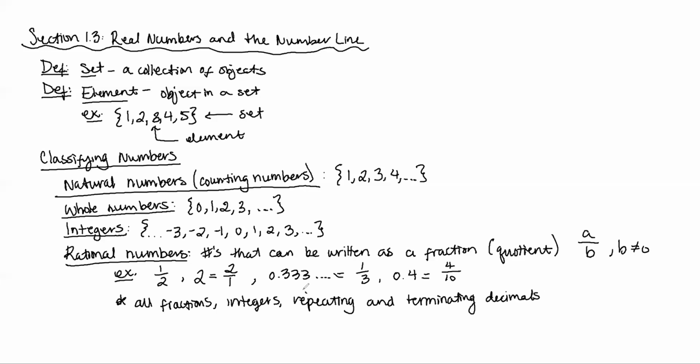So repeating, think this one here. Terminating, if it ends, we can also write it as a fraction. So the only ones that aren't going to be rational are things like pi. So pi is that 3.1415, goes on forever, doesn't have a pattern to it. So that one's going to be irrational. And we'll define that in a second, but let's go ahead and try graphing some rational numbers on a number line.